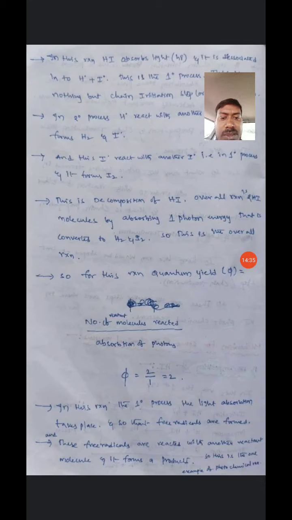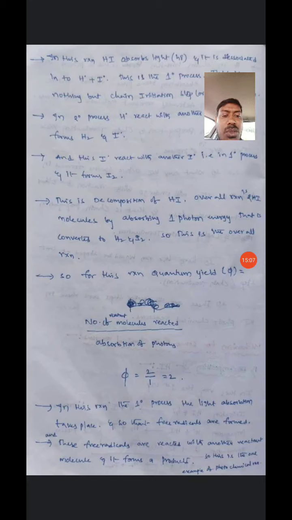This is the decomposition of hydrogen iodide. The overall reaction is two HI molecules absorbing one photon of energy and being converted to H2 and I2.